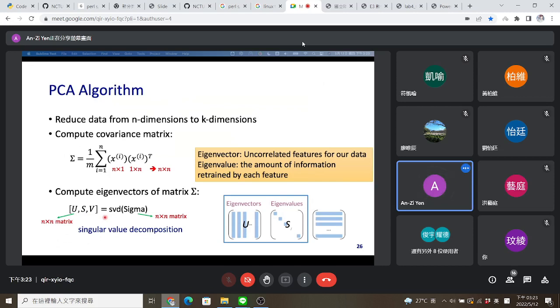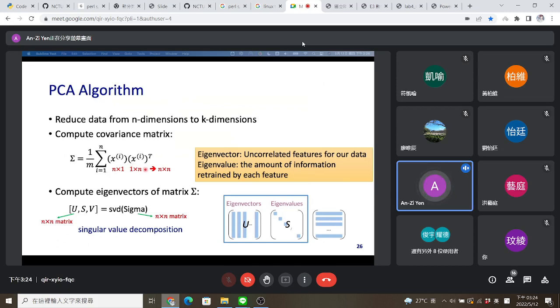Just to fill in some more details, this covariance matrix sigma will be an n by n matrix. One way to see that is if we look at the definition, it is an n by 1 vector, and this is a transpose, so it is 1 by n.